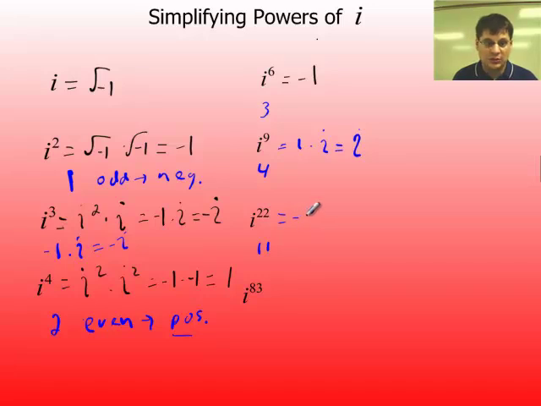So i to the 22nd is equal to -1. i to the 83rd, same process. 2 doesn't go into 83 evenly, but 2 does go into 82 41 times, which is an odd number of times, which tells me it's a -1, and therefore we have an extra i, the 83rd i, which then gives me -i.